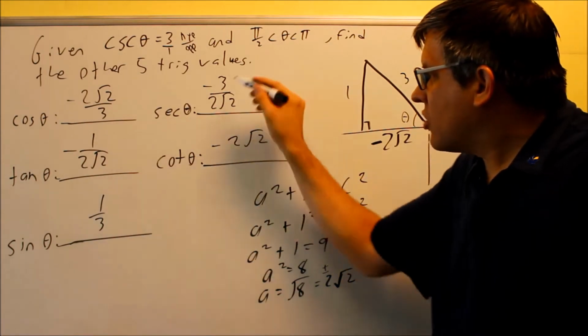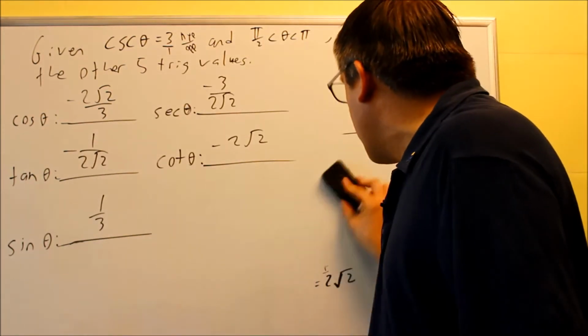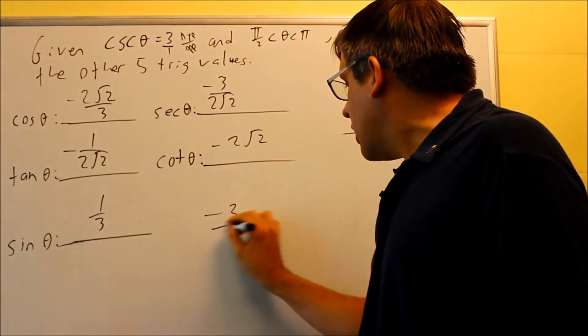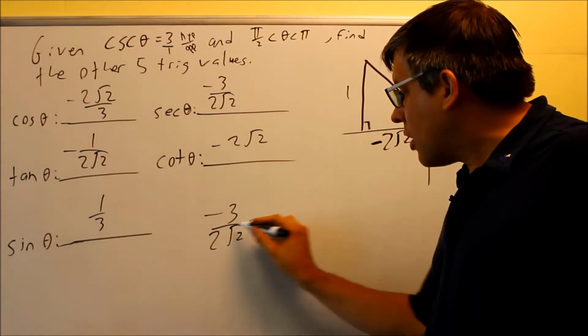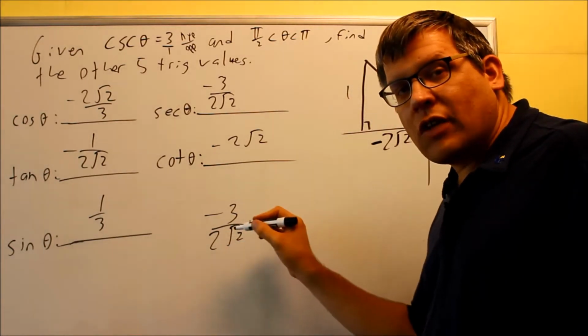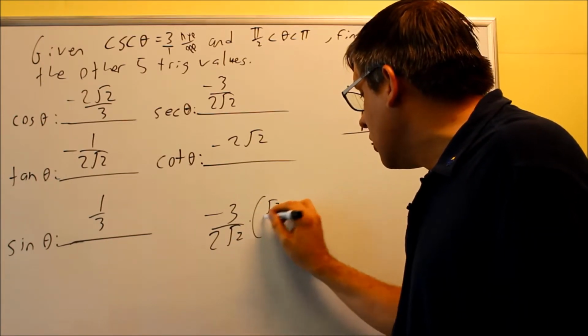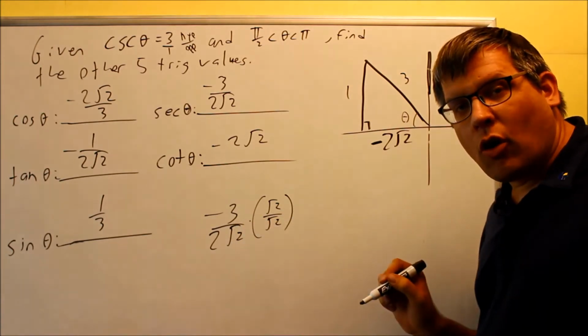Now we have 2 answers here that need some rationalizing, so I am going to go ahead and show that for you down here where there's some more space. So if I do negative 3 over 2 radical 2, when you rationalize this, you don't want to multiply by 2 radical 2. You're multiplying by an unnecessary extra 2. So instead, we're going to multiply top and bottom by just the radical part only.